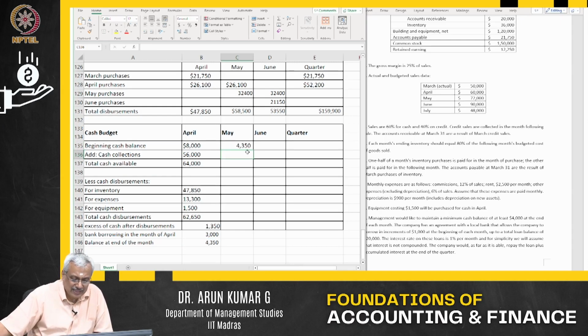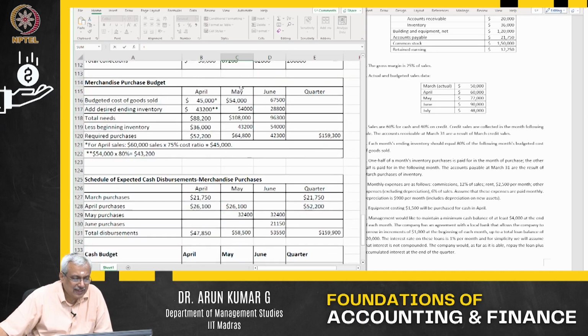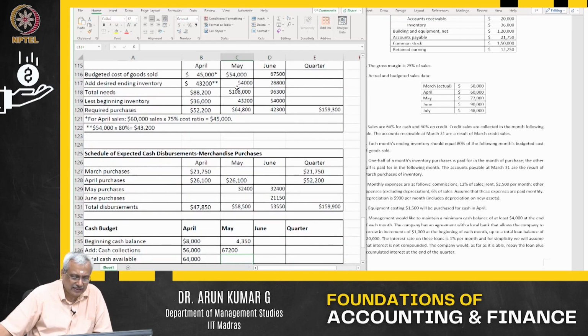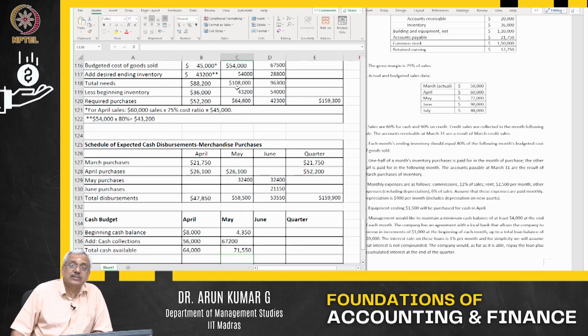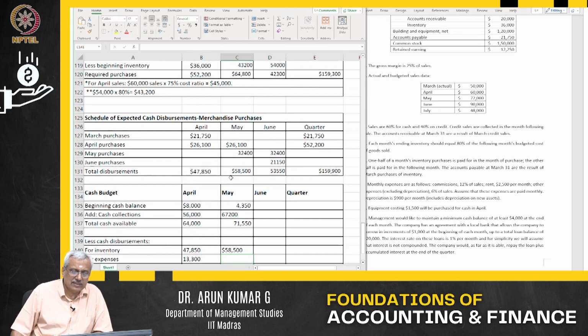Now, what is the cash collection in the month of May? Let us look at the cash collection for the month of May. Cash collection for the month of May is 67,200. Yes, cash collection. So, this is the total cash available for the month of May. Disbursements, let's go. How much are you paying for your purchases? This is what I am paying for my purchases.